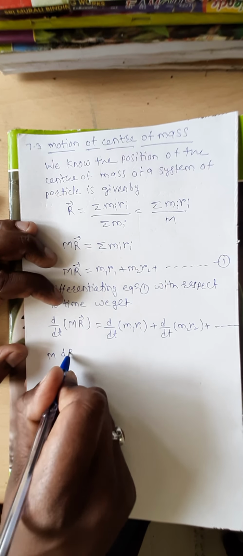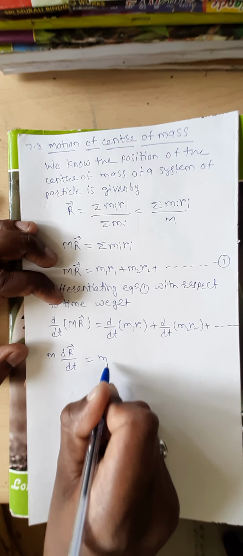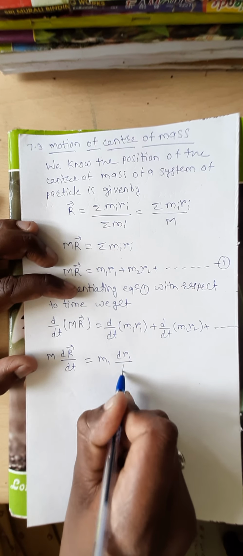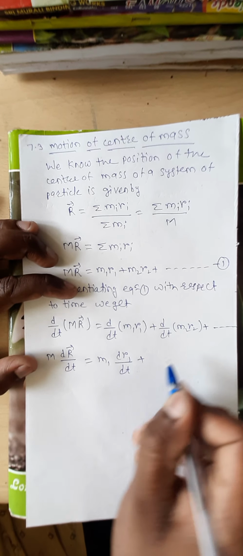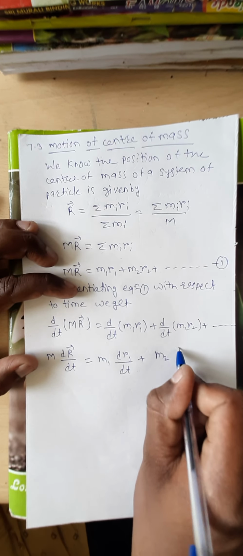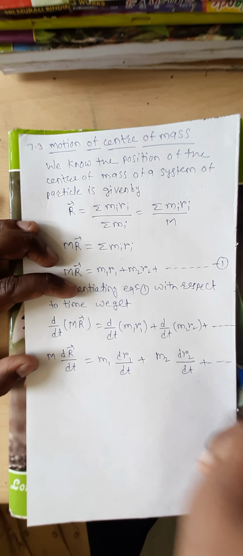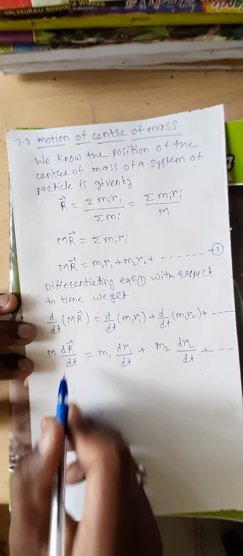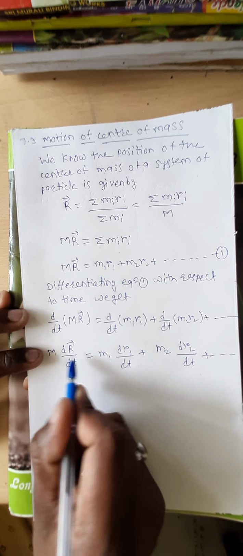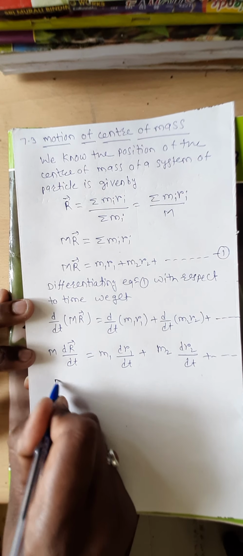Therefore M dR by dt is equal to m1, which is constant, therefore taken outside, m1 dr1 by dt plus m2, which is constant, therefore m2 dr2 by dt plus so on. Then, you know that dR by dt is nothing but a velocity.